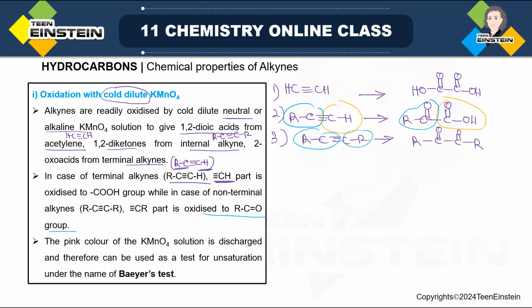Now here also the same thing that we have already learned in the case of alkenes, that when we use KMnO4, KMnO4 has a very good unique color, which is pink, and that color will be discharged, because once it has reacted, it is no longer in the KMnO4 form. It is in a lower oxidation state.